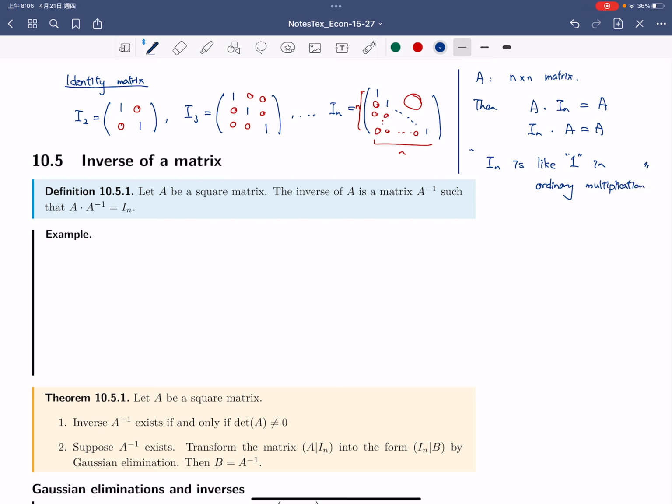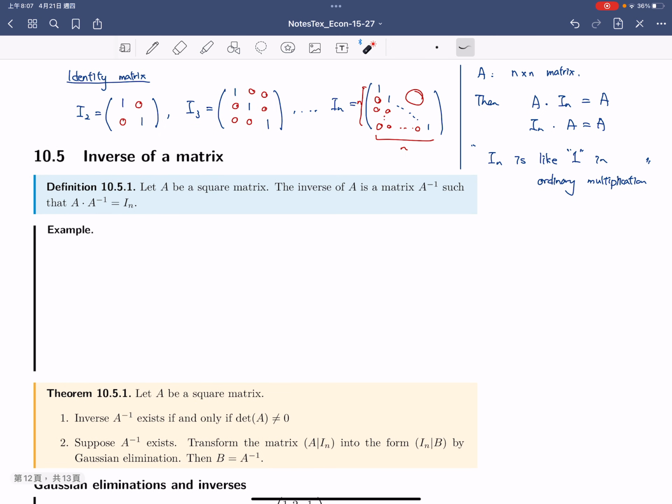When you multiply the identity matrix with any matrix, nothing happens. You get back A. So it looks like a 1, but in matrix theory, we don't call it 1, we call it the identity matrix.